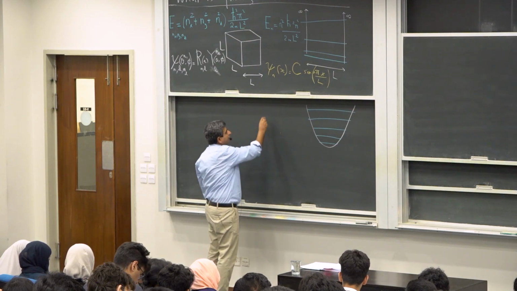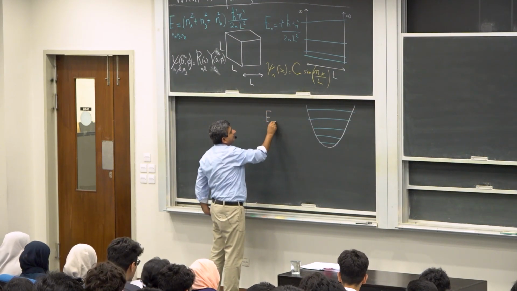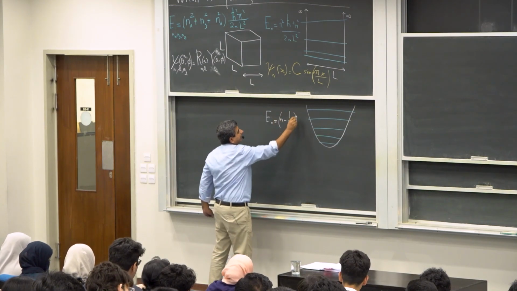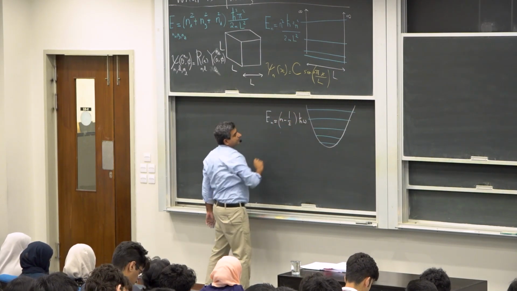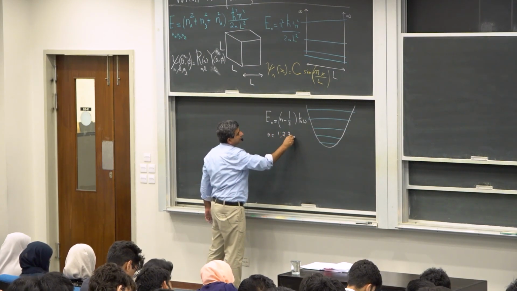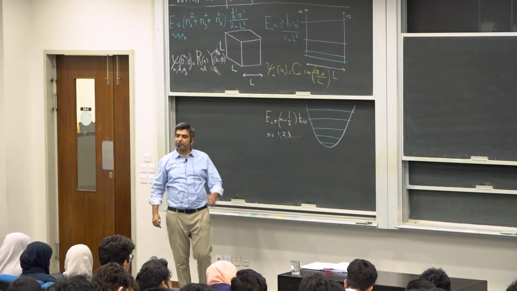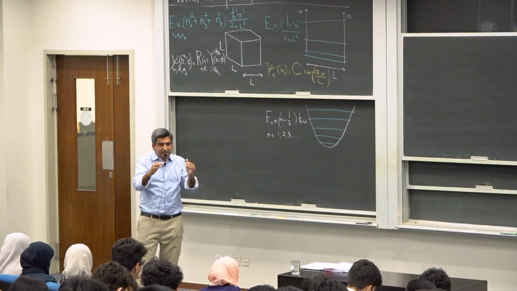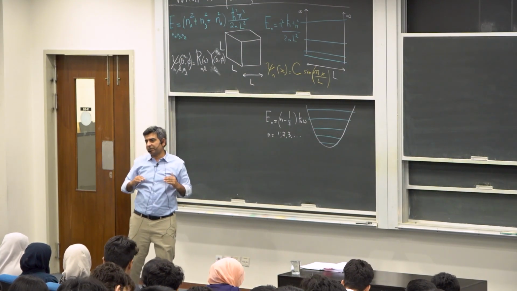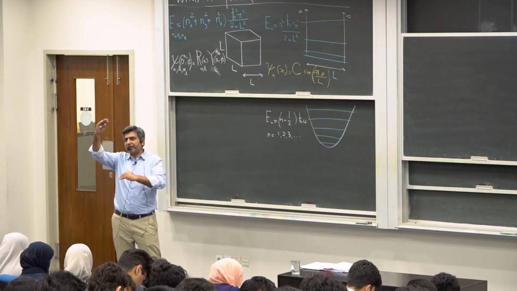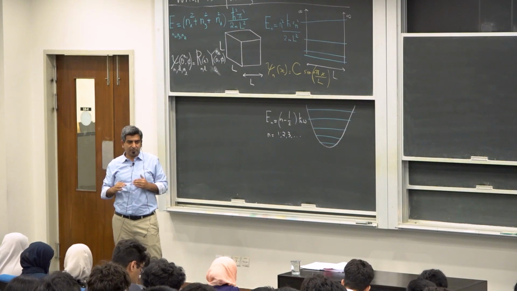And the energy of this system is (n minus half) h bar omega, where n goes from 1, 2, 3 all the way up to infinity. So the quantum number n is quantifying the energy. It's discretizing or digitizing the energy. The energy is now digital. It's not analog. Only precise values of energy are possible.